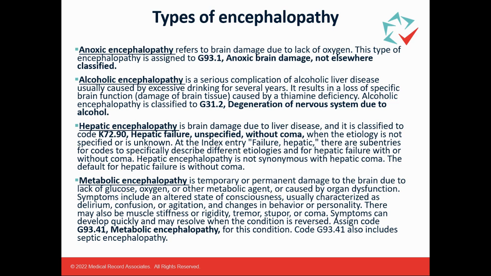There can also be muscle stiffness or rigidity, tremor, stupor, or coma. Symptoms can develop quickly and may resolve when the condition is reversed. And code G93.41 also includes septic encephalopathy. So if you see the term septic encephalopathy, that would code to G93.41.